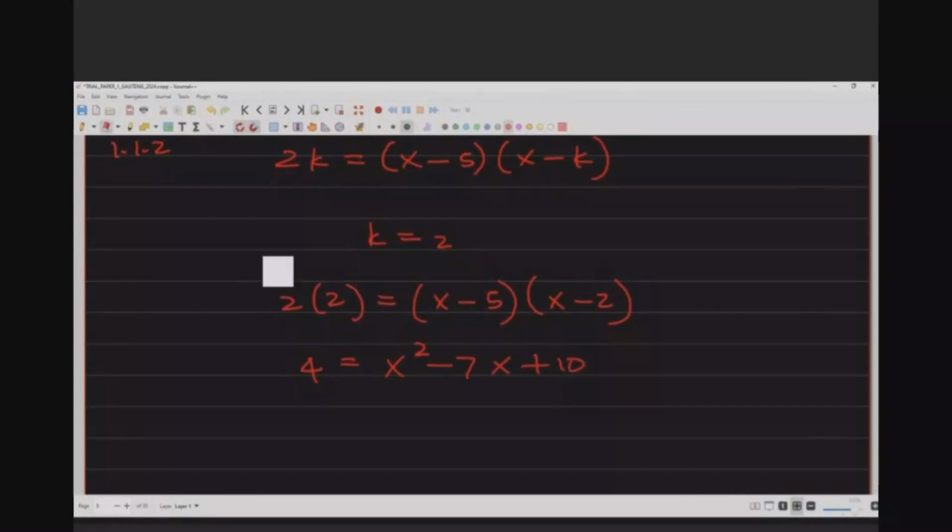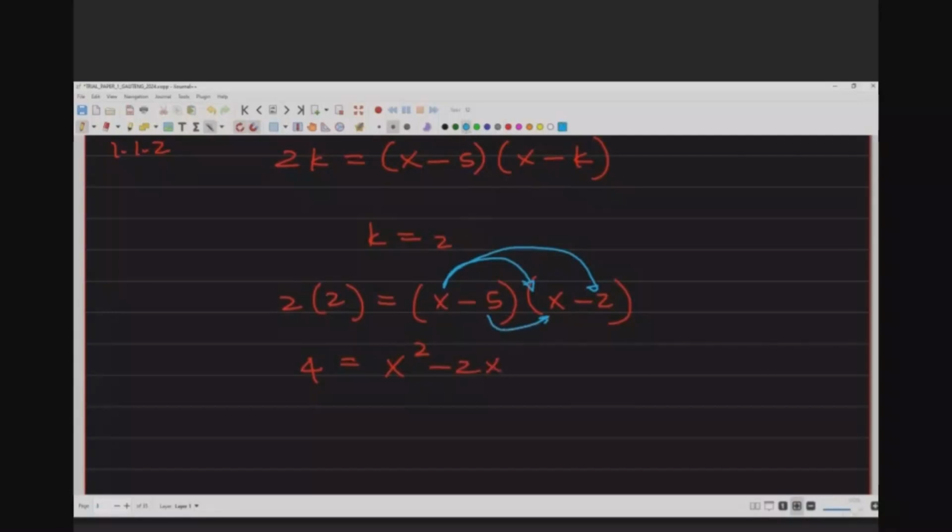To just explain how we got there. So we multiply out the x with the x with the minus 2. And that's going to give us x squared minus 2x.